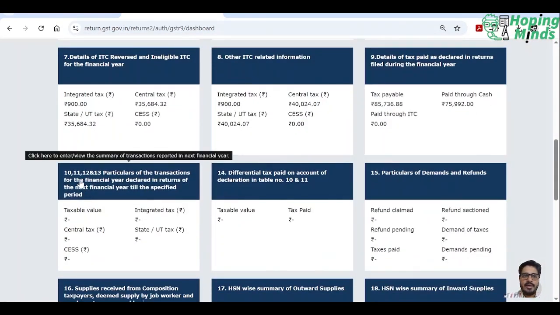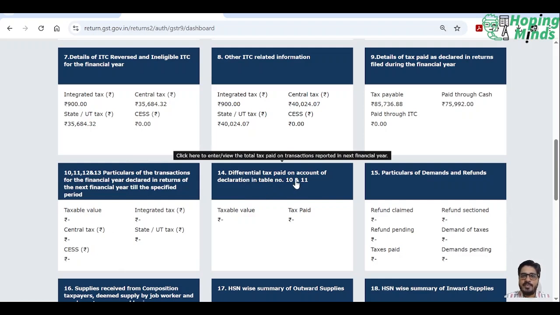Then table 10. In table 10, particulars of transactions for financial year declared in returns of the next financial year till the specified period, that is till the date of filing of annual return. There were no data that was reported in the subsequent return after the end of financial year. So it's coming as nil.